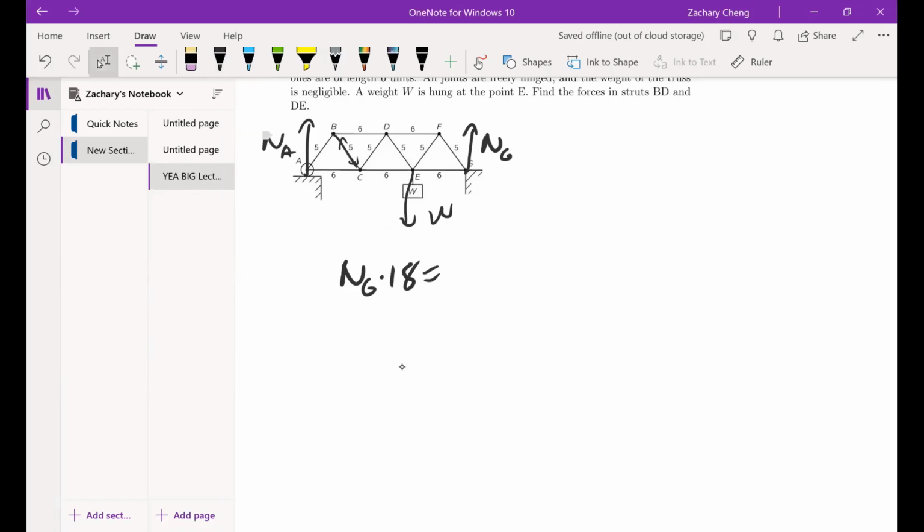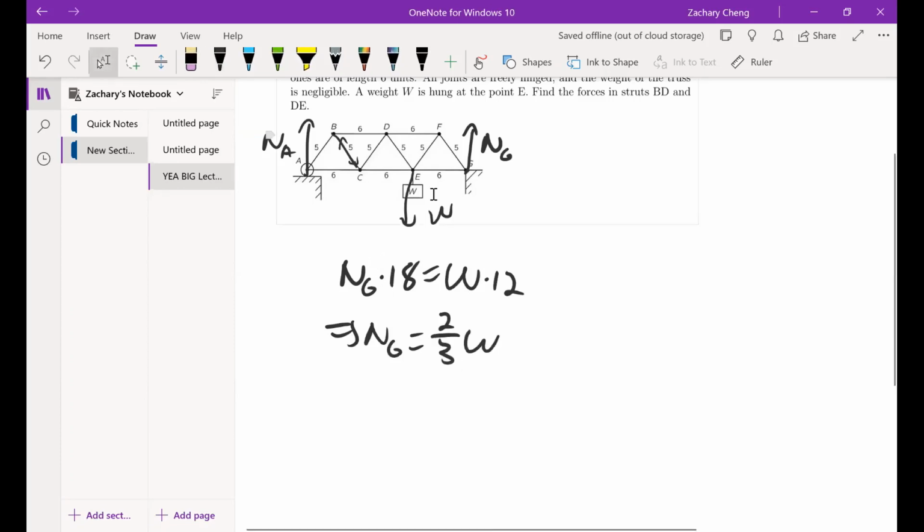And this has to cancel out the torque from W because the system is at rest. So this is W, and that distance is 12. So then that means NG is equal to 2/3 W. Similarly, if we take G to be the pivot point, then we get NA times 18 is equal to W times 6. So NA is just equal to 1/3 W.